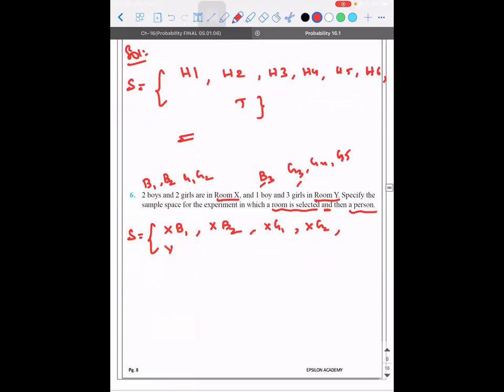If room Y is selected, then what can happen? Y B3 is possible, Y G3 is possible, Y G4 is possible, Y G5 is possible. Clear? Yes.